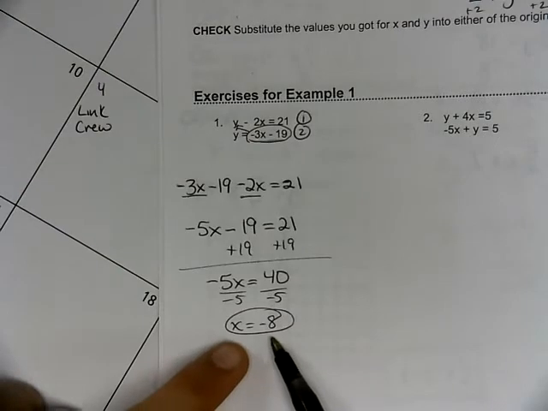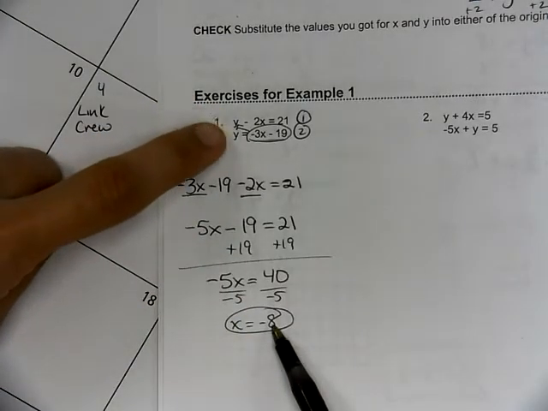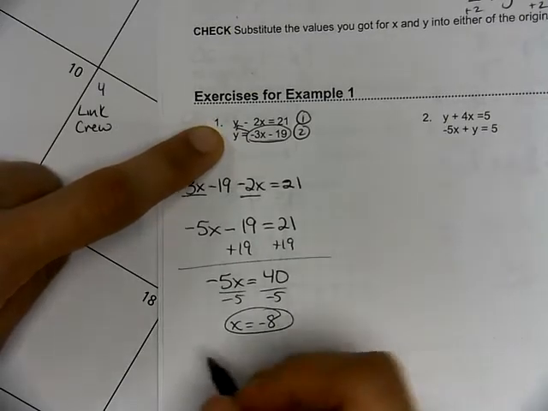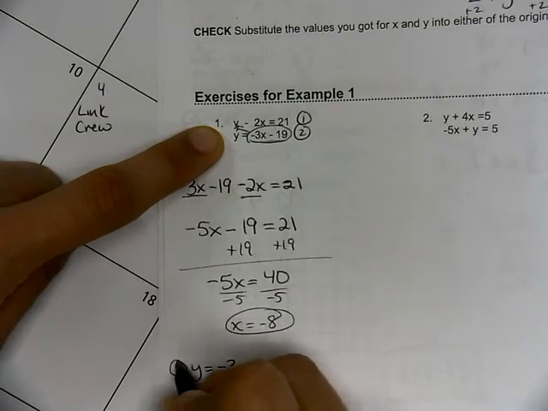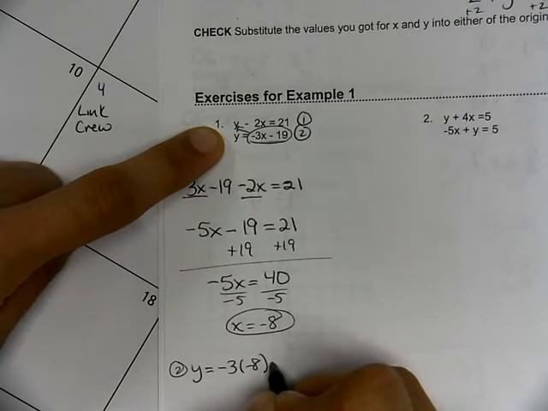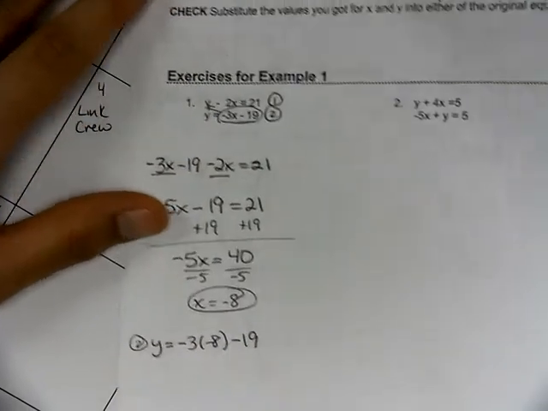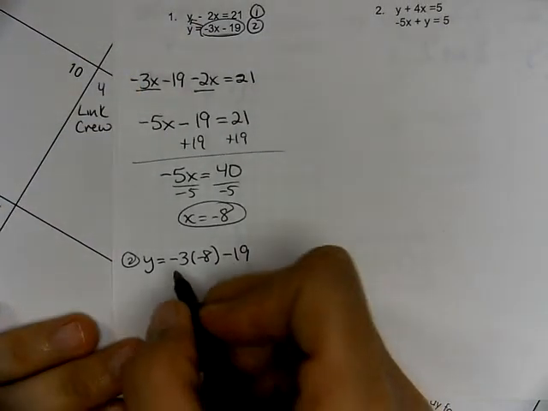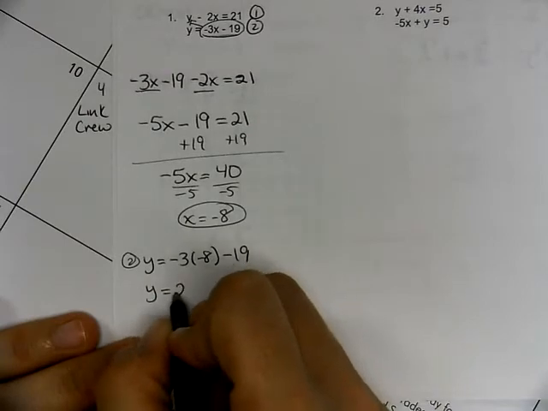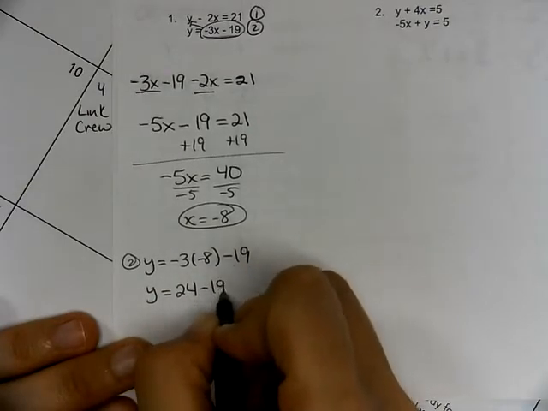Once you get your x or your y value, I can just plug this into equation 2 to find y. So y equals negative 3, this is equation 2, times negative 8 minus 19. So y equals 24 minus 19.